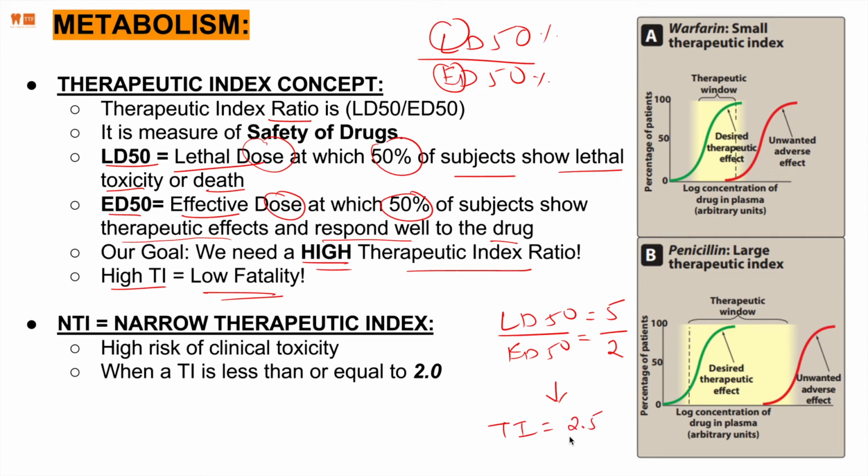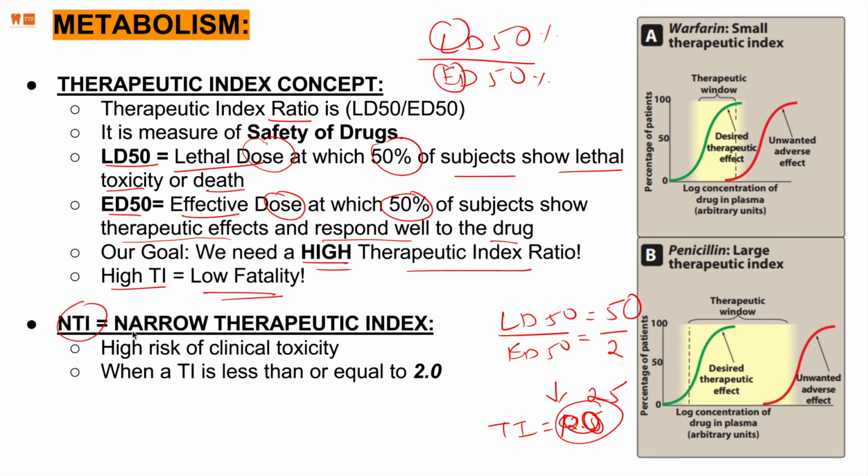Which means a drug with a variation of 2.5 on each side of the spectrum will lead to either effective or lethal effects. We want this to be more so a 12. Or even better, we want it to be more so 25, where LD is all the way at 50 dose and ED is only within the 2 dose. So the overdosage ratio, the window, has increased.